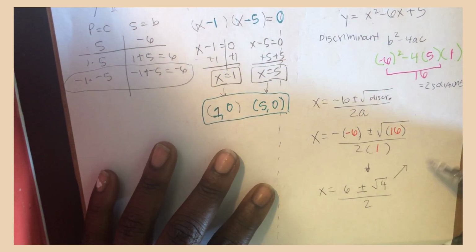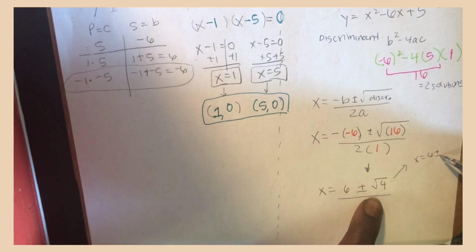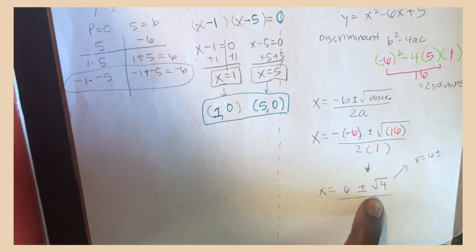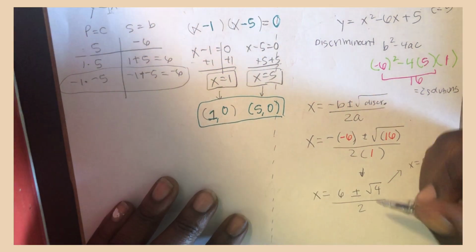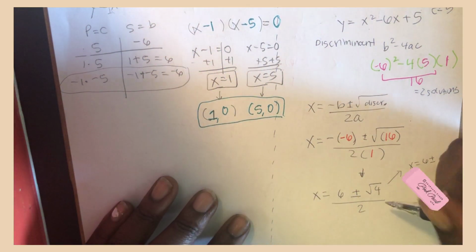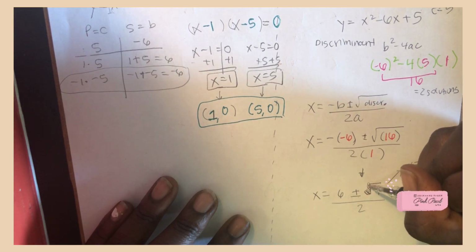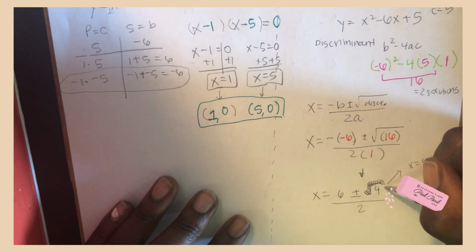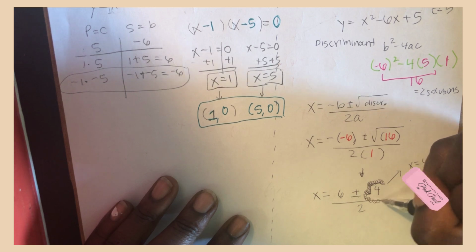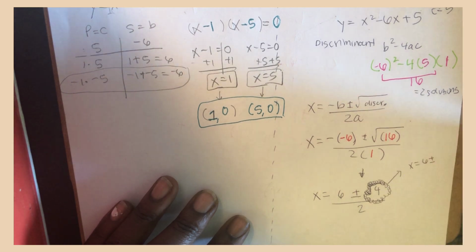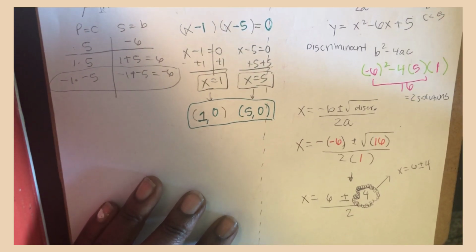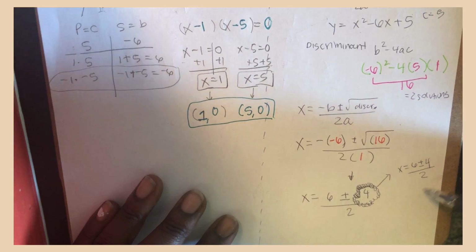So we're going to separate it this way. X equals 6 plus or minus the square root of... I made another mistake, right? There should be no square root here because I already took the square root. Just make it a pretty little cloud. 6 plus or minus 4 divided by 2.